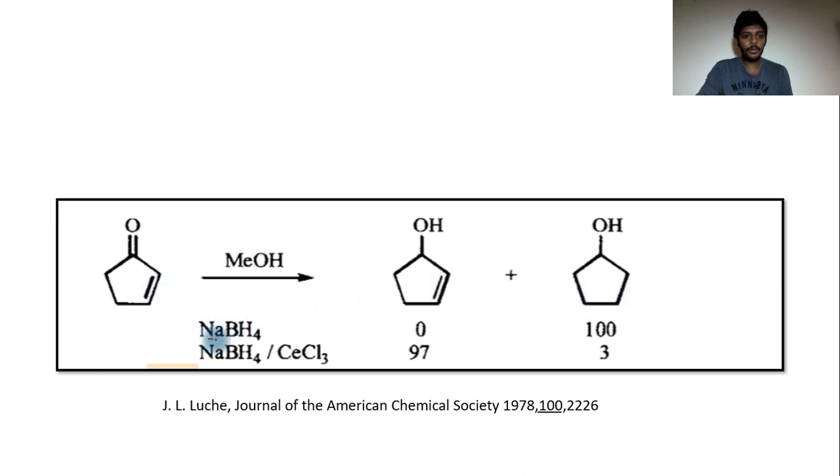If we add sodium borohydride alone, this is 100%. And if we add sodium borohydride and CeCl3, which is the Luche reagent, this chemoselectively reduces the alpha beta unsaturated ketone alone to the allylic alcohol. Thus, this is a chemoselective reaction. This is taken from JACS.